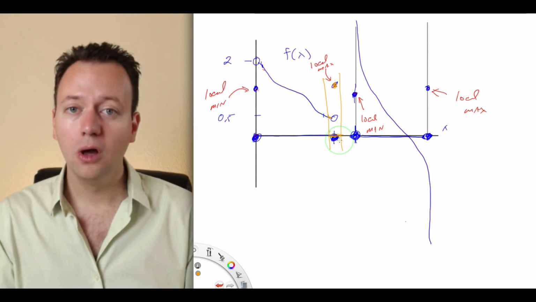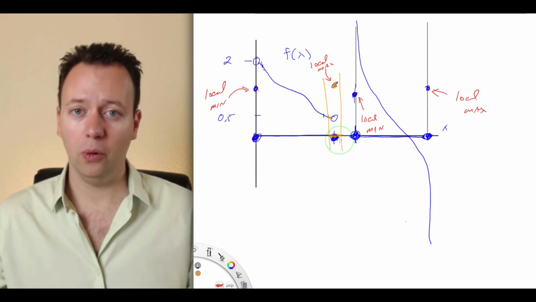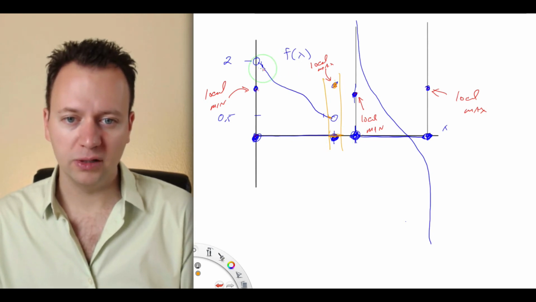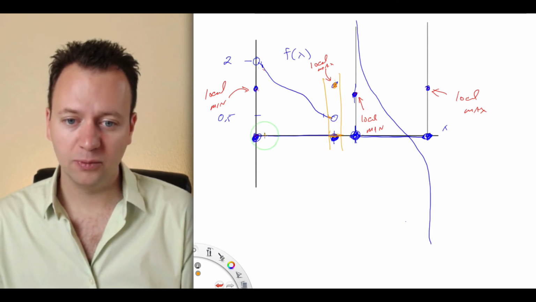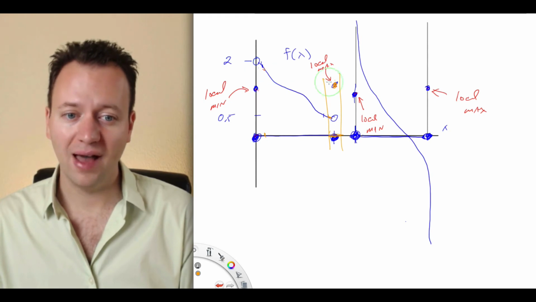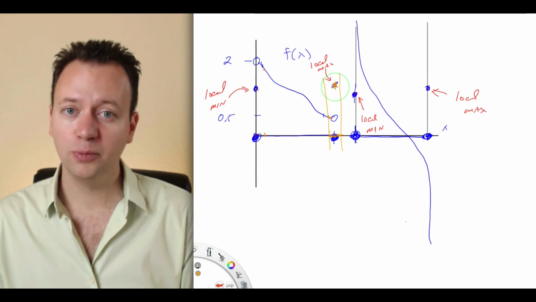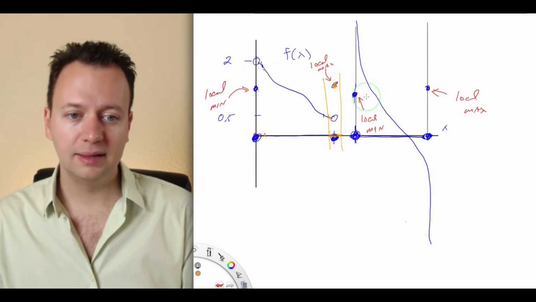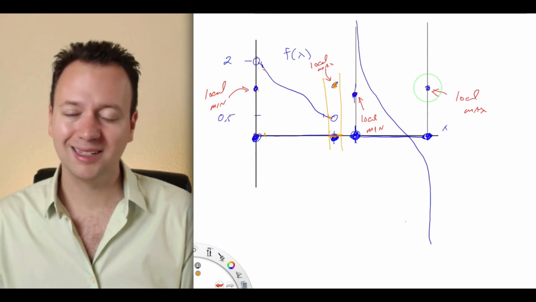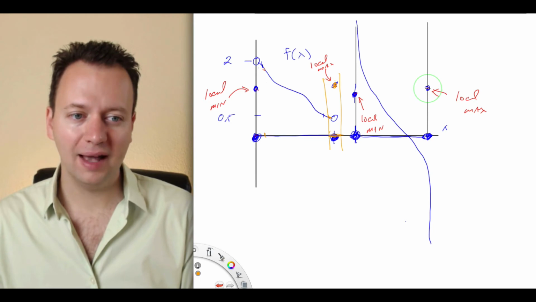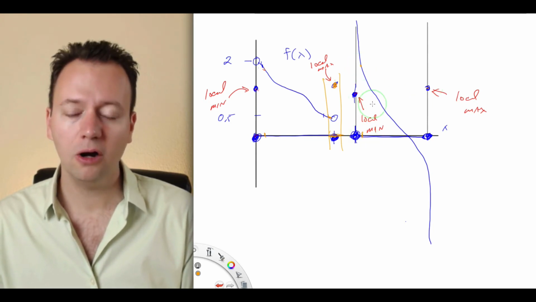Global means consider all of the points on the domain, including the points up here. Well, this point on the domain has a higher output value than this point, so this point cannot be the global maximum. And similarly, this is a local max, but it cannot be the global maximum because it has a smaller output value than this x value right here, which gives you a larger output value.